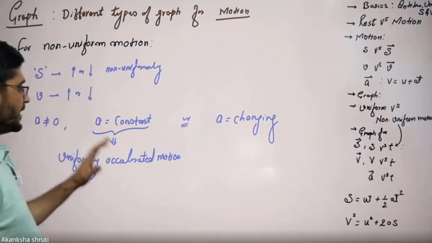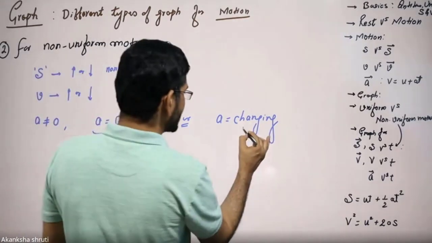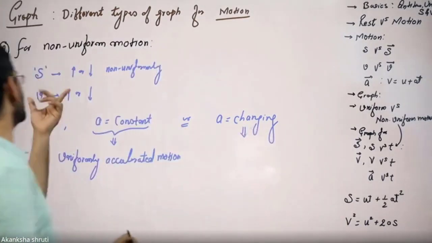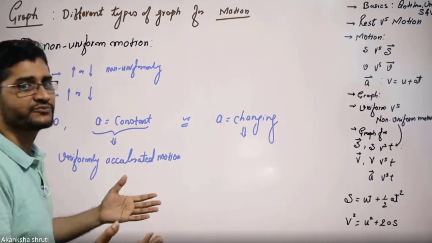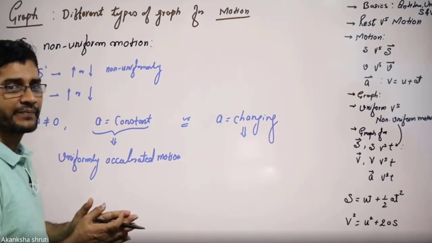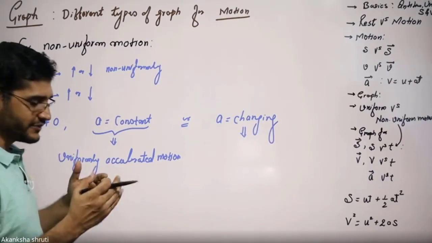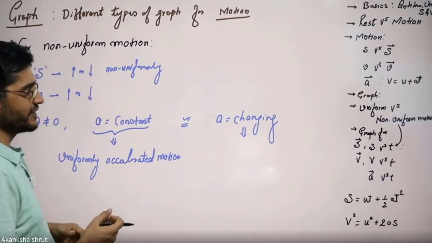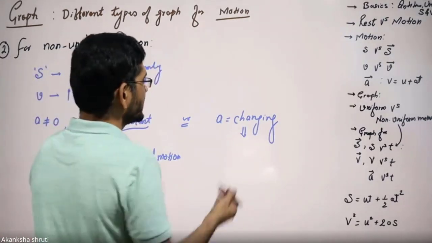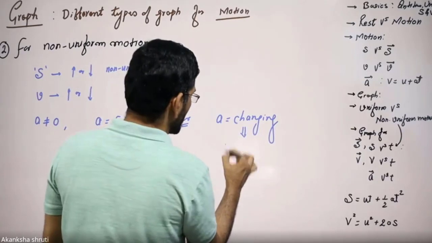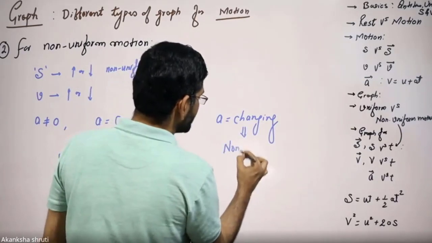But if the acceleration that we can calculate because of change in speed or velocity is different for different time intervals that we have chosen, though those time intervals may be equal, then such a motion is called non-uniformly accelerated motion.